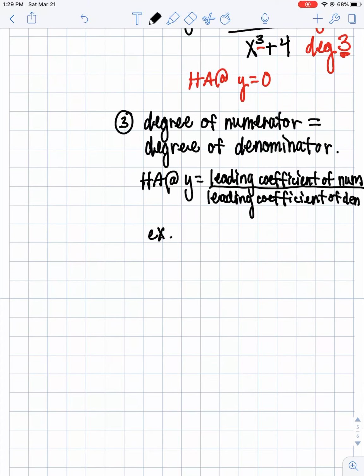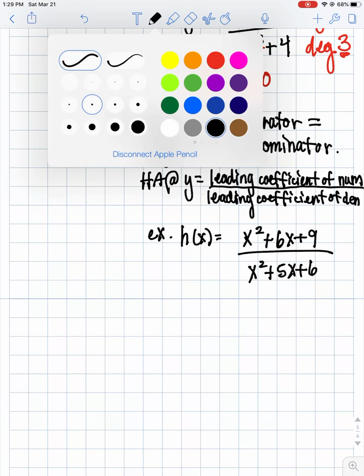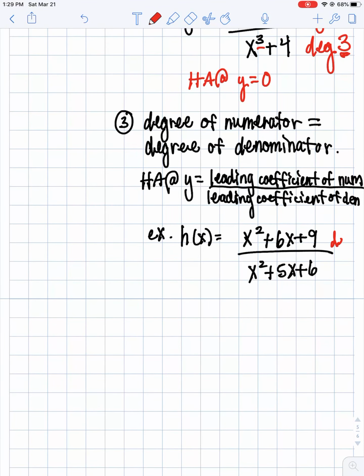So, last example for horizontal asymptotes then. What if I said h of x equals, let's do the problem we talked about earlier: x squared plus 6x plus 9 over x squared plus 5x plus 6. We did this one earlier. So the degree of the numerator is 2 because the highest exponent is 2.